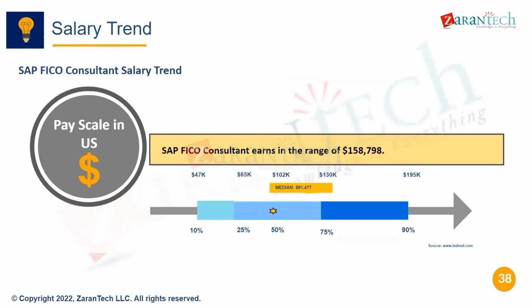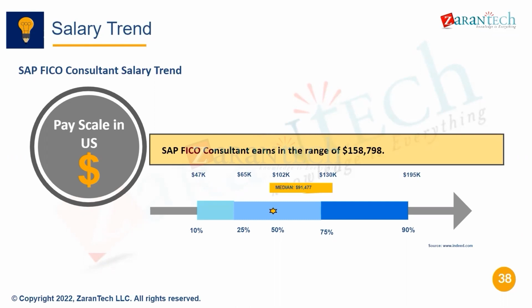As you guys know, SAP has tremendous opportunities in the market, and this is the average salary in the US. So an SAP FICO consultant, a range of 158,000 in US. Okay. I'm not sure when this was updated, but even now the salary trend is even more than the figure showing here. Okay.